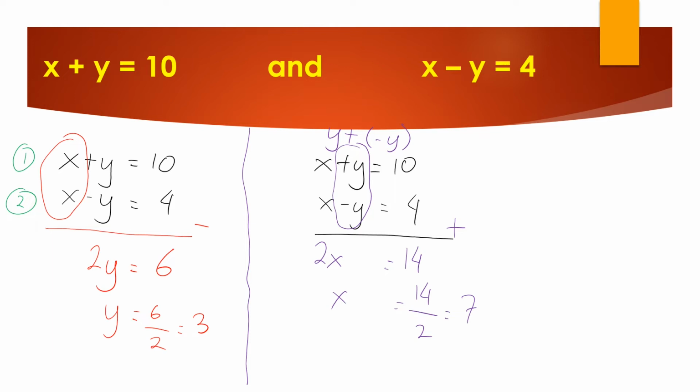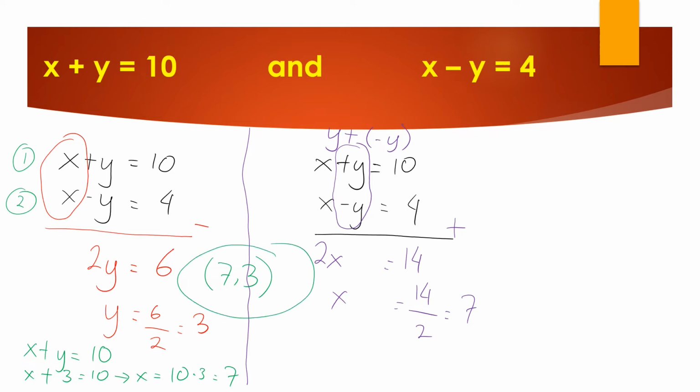If I choose the first equation, x plus y equals 10, I write it again: x plus 3 equals 10. So x equals 10 minus 3, the answer is 7. It's the same, right? So you get the answer (7, 3). This is the point where these two equations will meet or intersect each other.